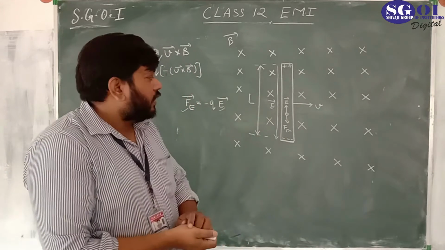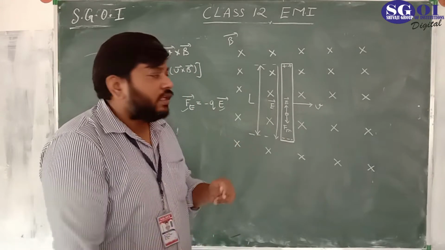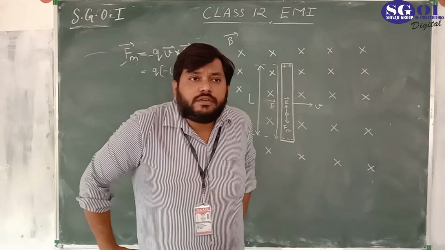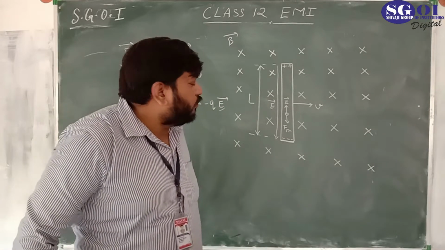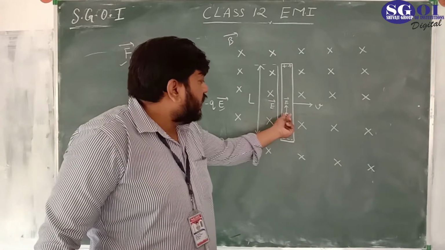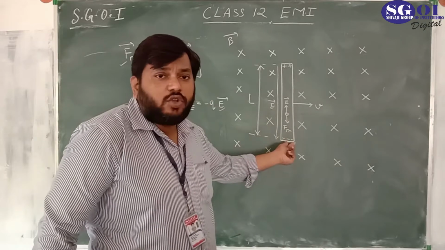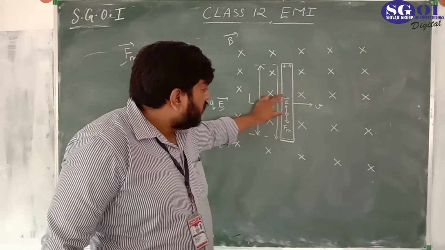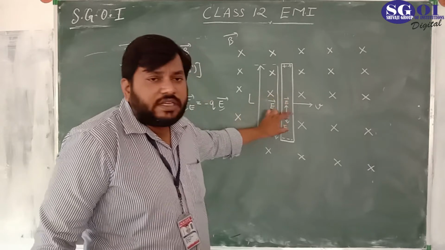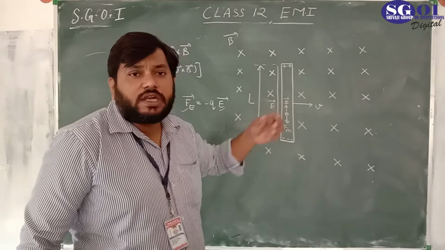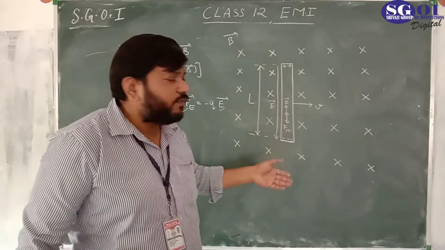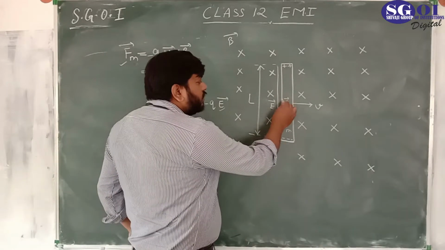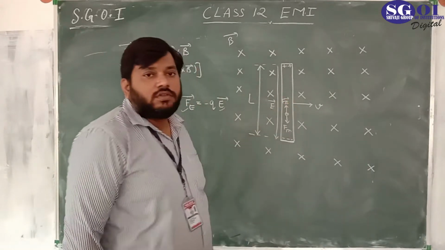But a very important point here, you could be confused: how would it be possible that negative charge keeps accumulating here? Because you can see that the net force on this particular electron is zero. Electric force and magnetic force are both acting in opposite directions, so the net force is zero.